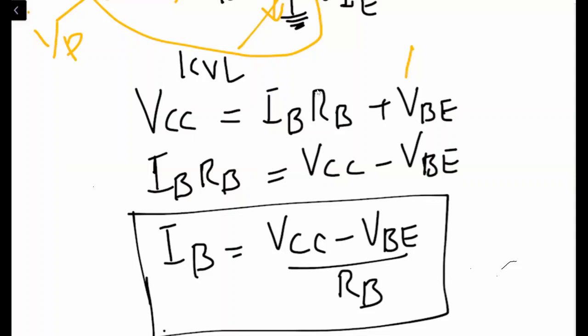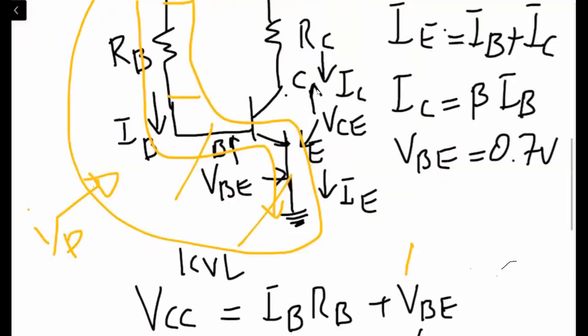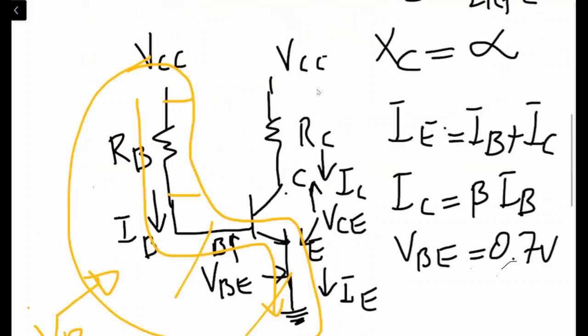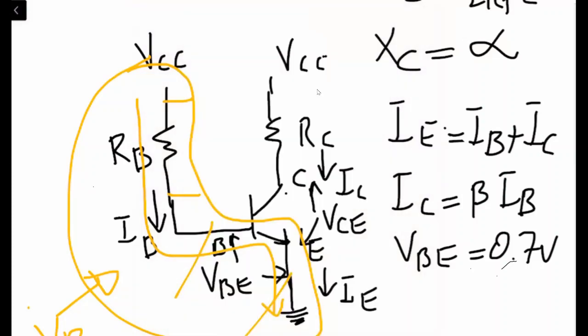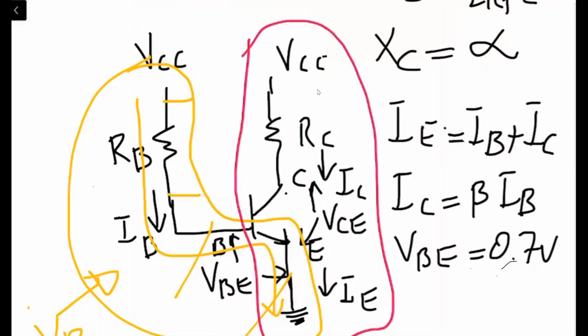So this is the input side. Now, if we take a look at the output side of the same circuit, so this will be our output side of the circuit, right?